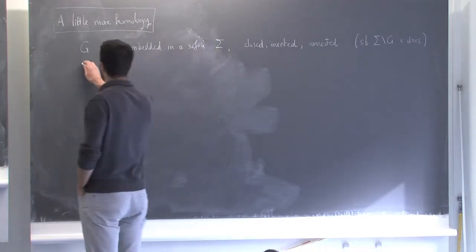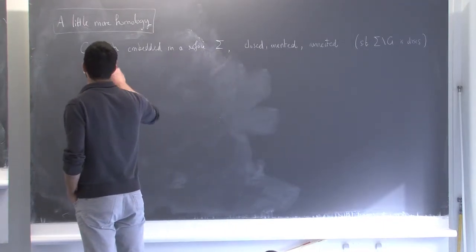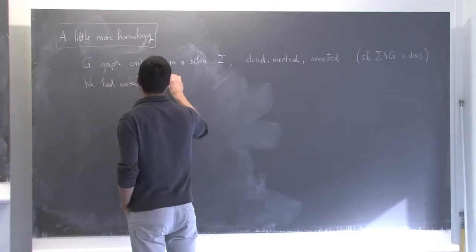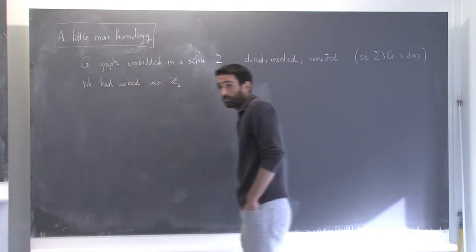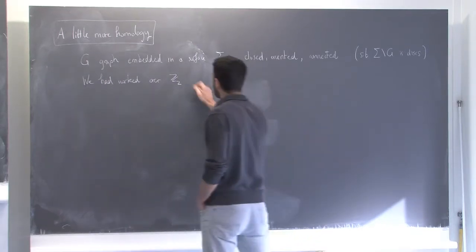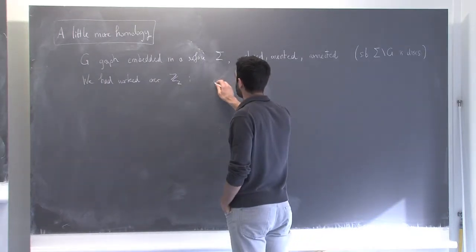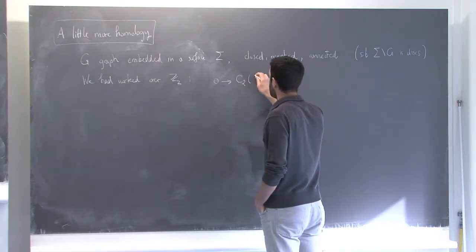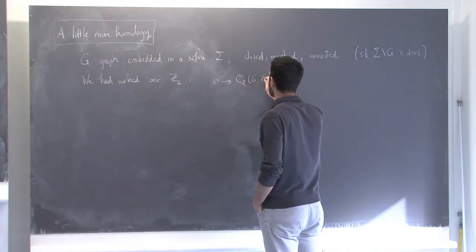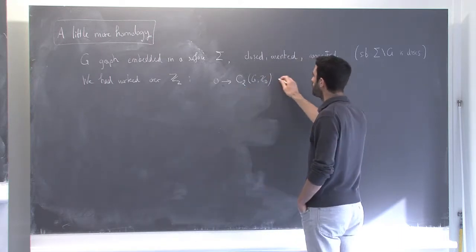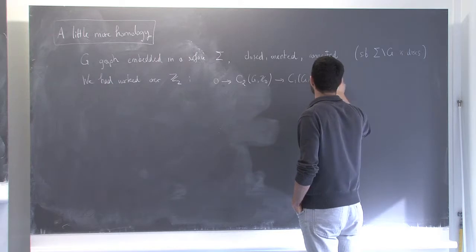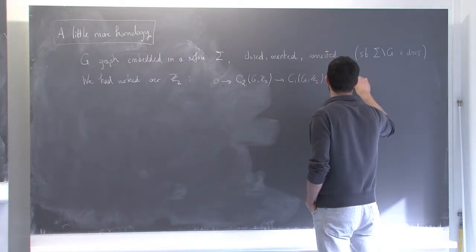We had worked over Z2. And what we had found is called the chain complex. I had written just C2, C1, etc., but we can write it like this.